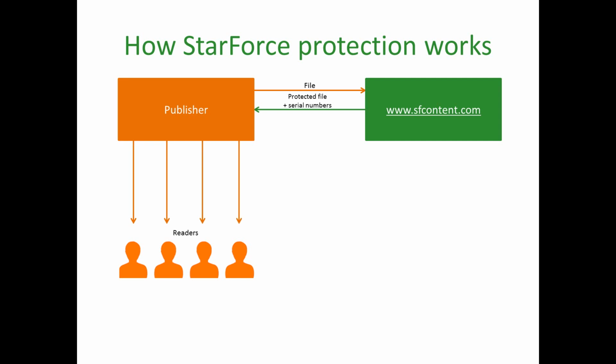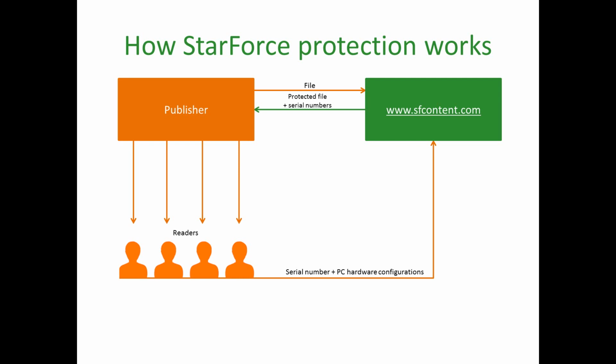When a protected file is opened for the first time, an end user enters his unique serial number. The protection system needs to check if it is original or if it has vacant activations, and that is why a serial number and the device parameters are sent to our server.